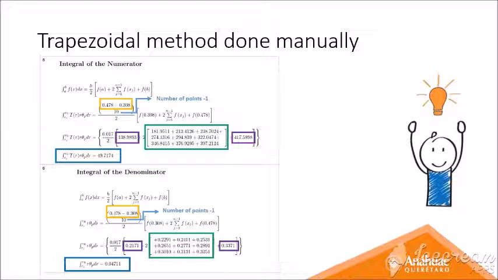Now we use the formula of the trapezoidal rule both for the numerator and for the denominator. The blue cells indicate the results obtained in each one, being 49.717144 the value for the numerator and 0.047011 the value for the denominator.